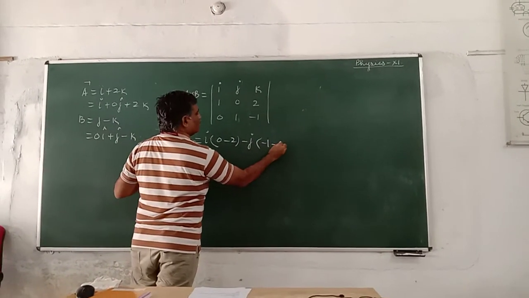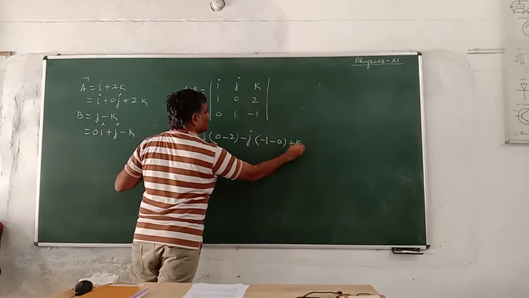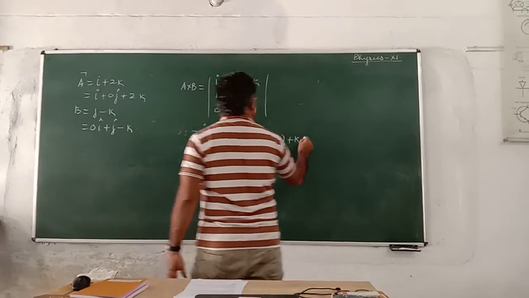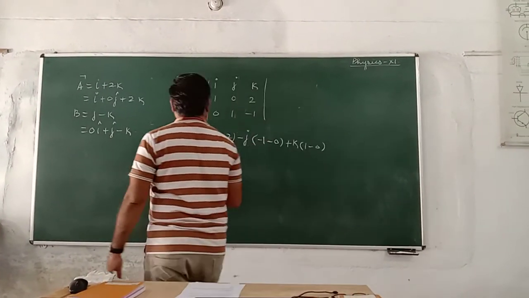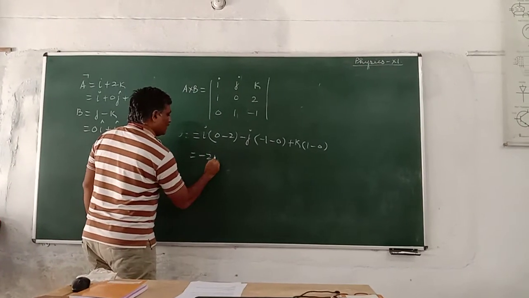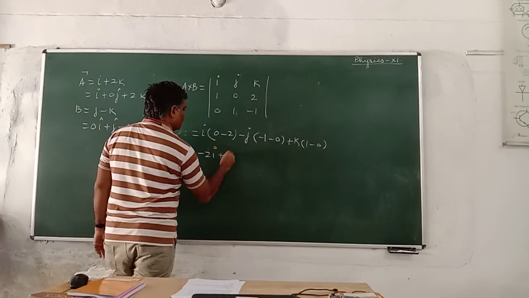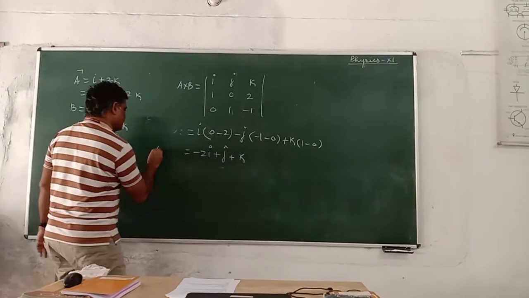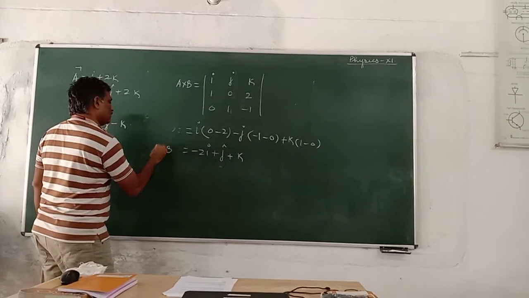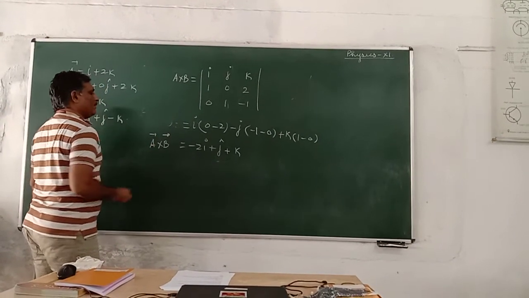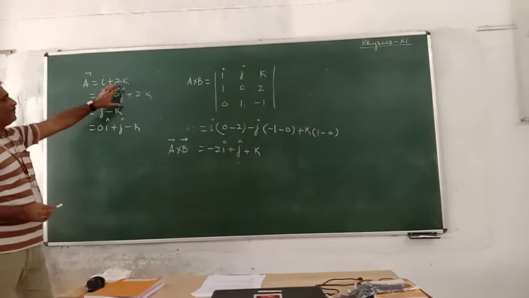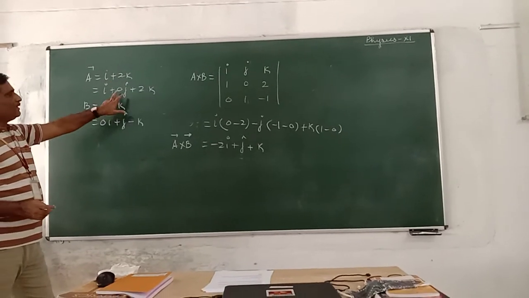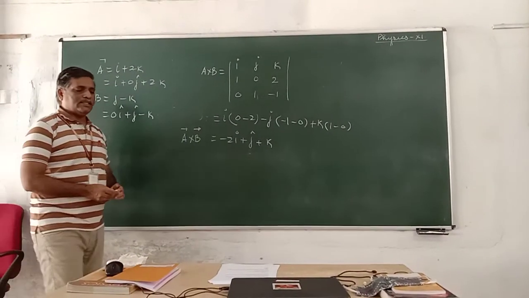Minus 1 minus 0 plus k into 1 minus 0. That becomes minus 2i plus j plus k. This is A cross B. When two vectors are given and if j is absent, its coefficient is taken as 0.